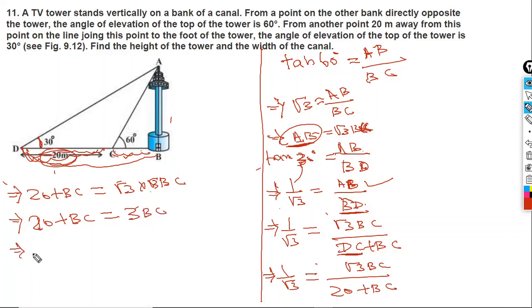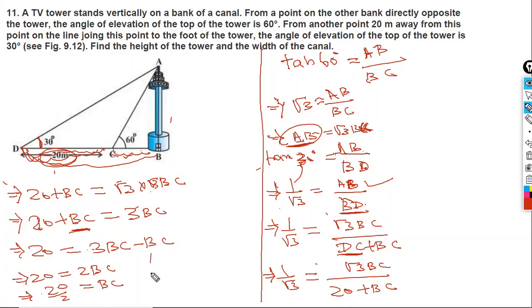Now you put this BC to the RHS. Now 20 will be equal to 3 BC minus BC, implies 20 equal to 2 BC, implies 20 by 2, that means we are dividing by 2 on both sides, will be equal to BC.